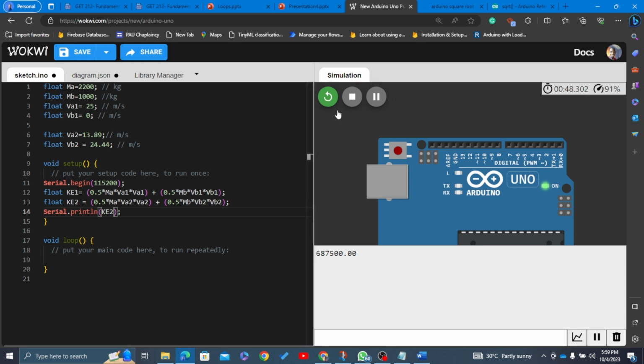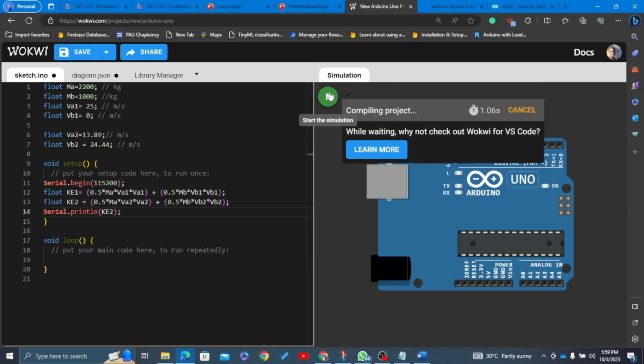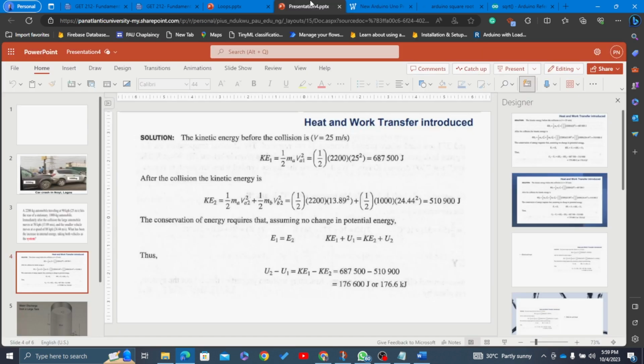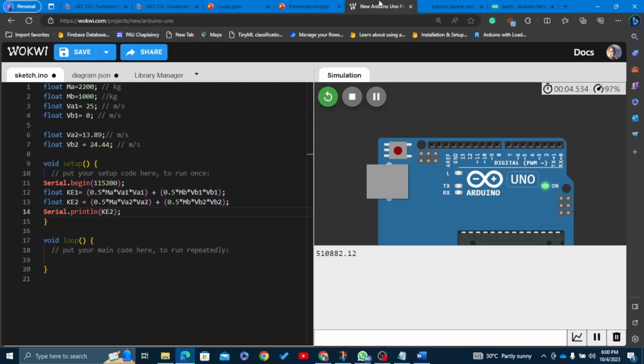Okay, so to run this. 510.88, let's see what we had here. 510, approximately the same values, so we're still good.